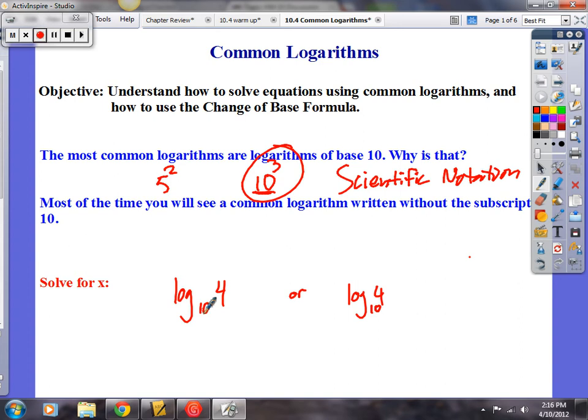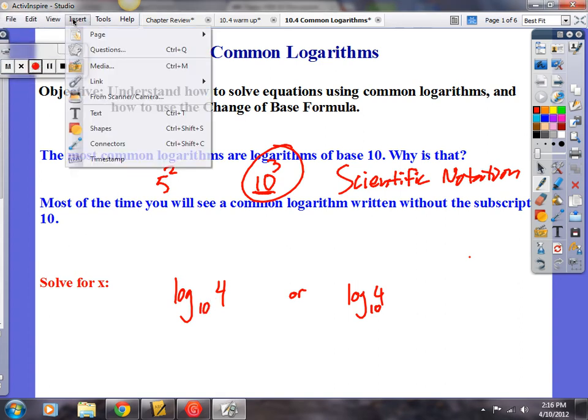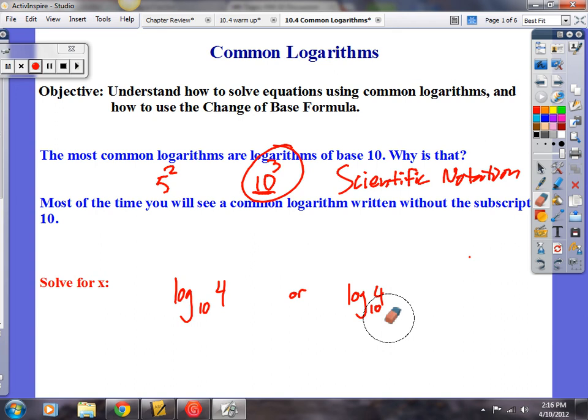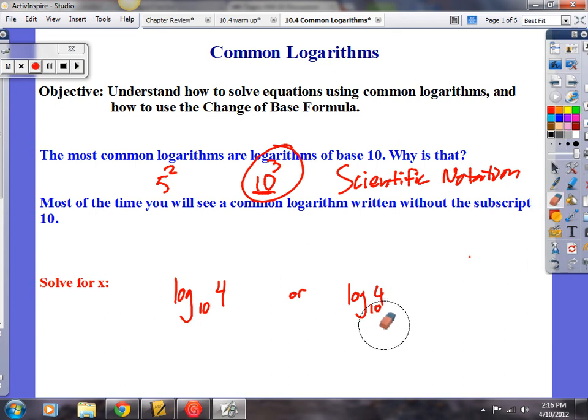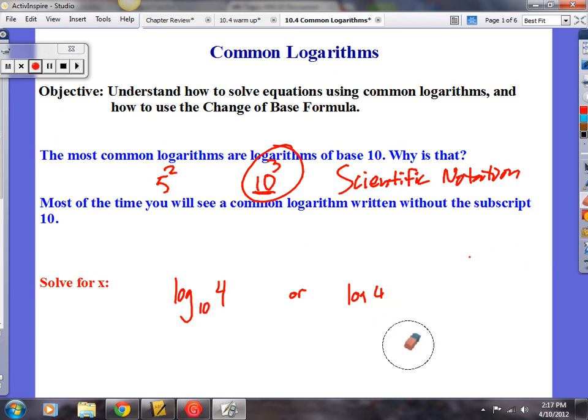So here's the question that we're asking. Just to show you, these two are the exact same thing. You can choose to put the base on. Oh, well, I had this erased first. On your handout, there's not a 10 there, is there? I wrote it in.